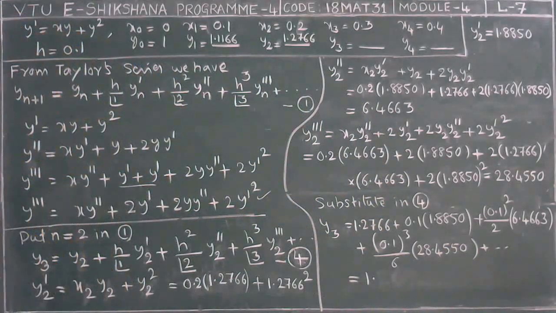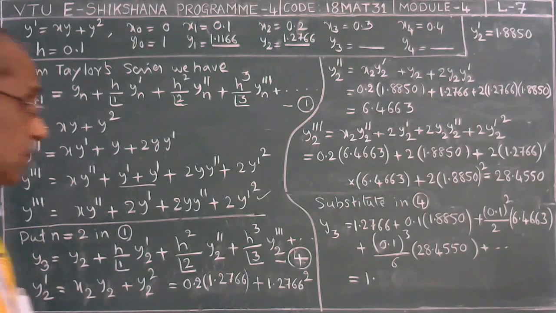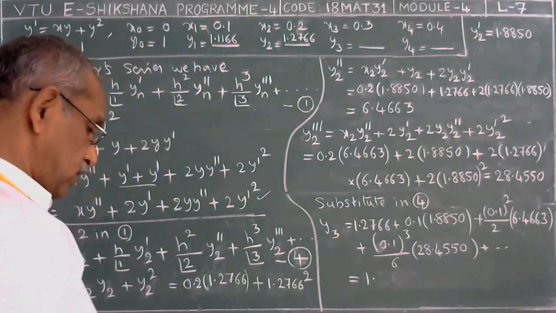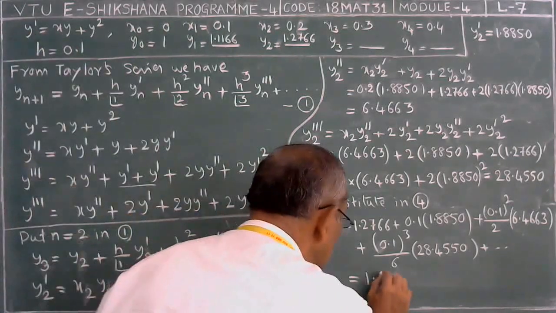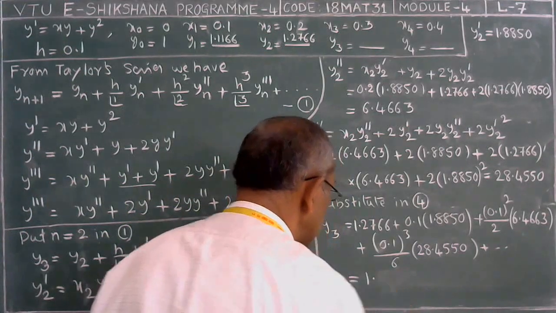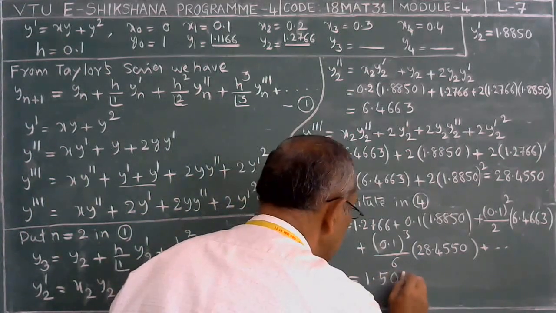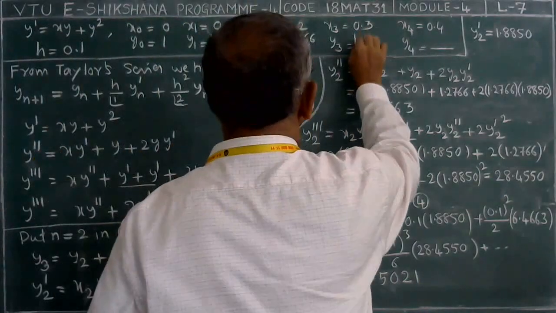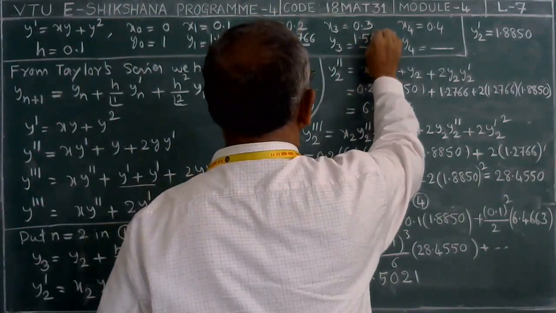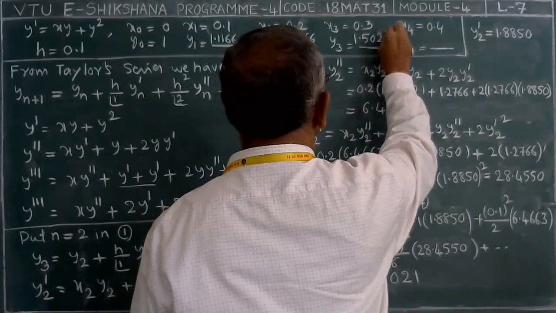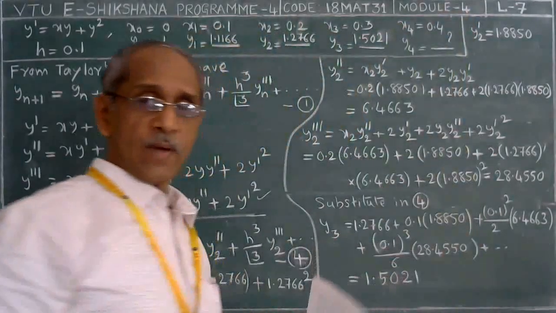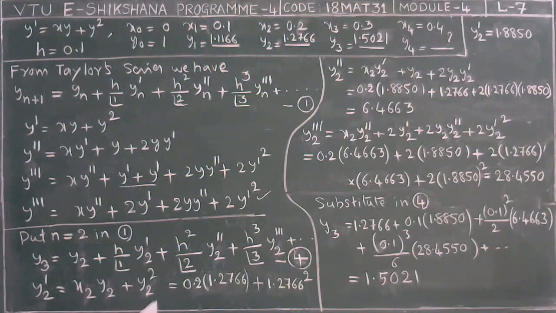So if you carefully calculate using a calculator, you will get the value of y at x is equal to x3, that is y3, is equal to 1.5021.